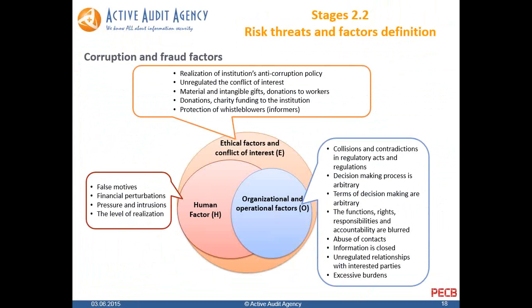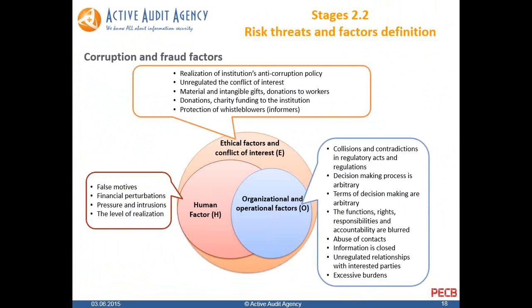To do it, you can go through the next factors: organizational and operational, some collisions of regulations, unclear decision-making process, unclear terms of decision-making, insufficient functions, rights, responsibilities, and accountability, abuse of contacts, etc.